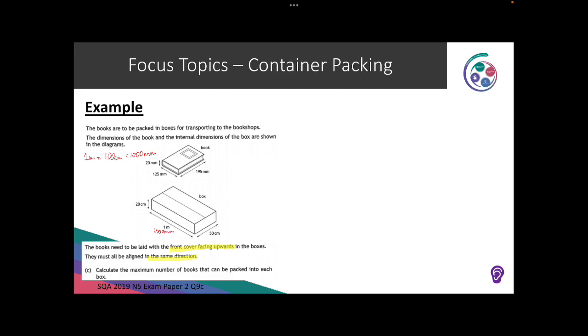We're at 20 centimetres. I need to times that by 10 to get 200 millimetres. And then the 50 centimetres, again, I'm going to times by 10 to get 500 millimetres. And that just means I'm not going to make any silly mistakes with my units.